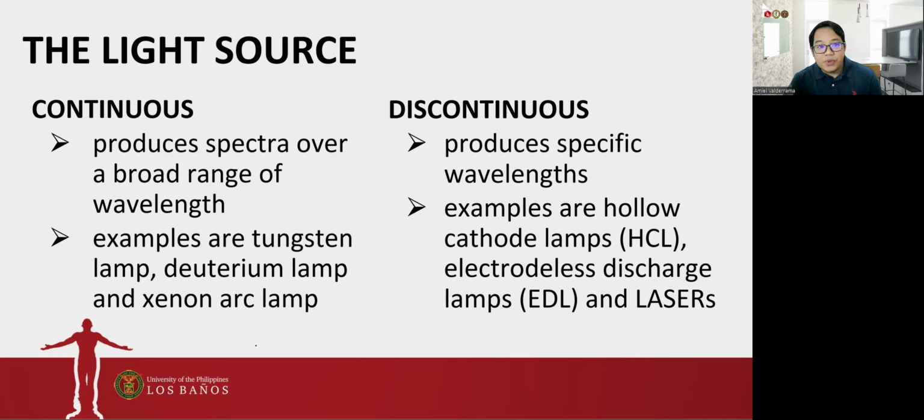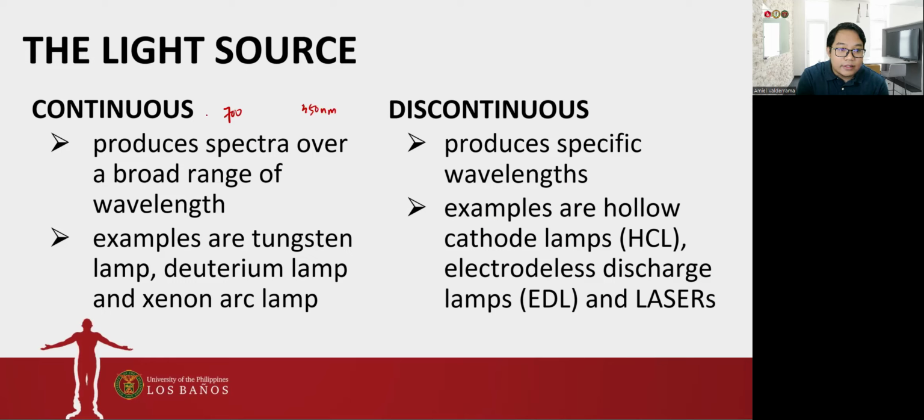Next, we also have a discontinuous light source. A discontinuous light source produces a specific wavelength. In contrast with the continuous, suppose we have here a spectrum of light, say from 700 to 350 nanometers.